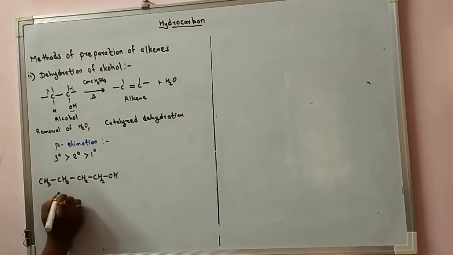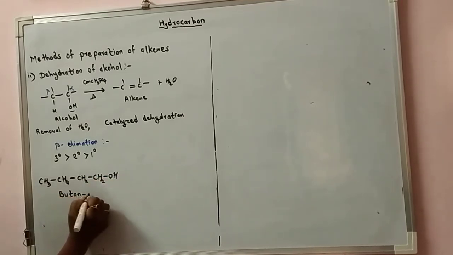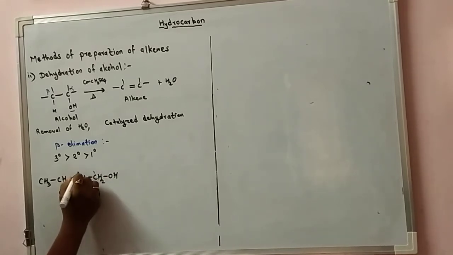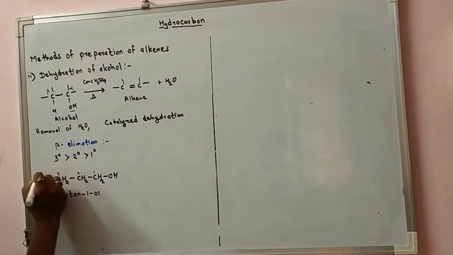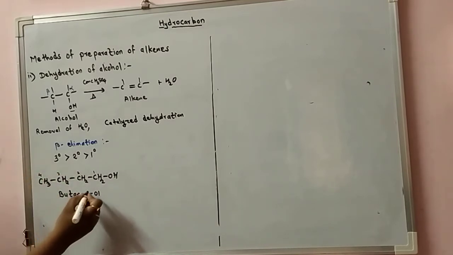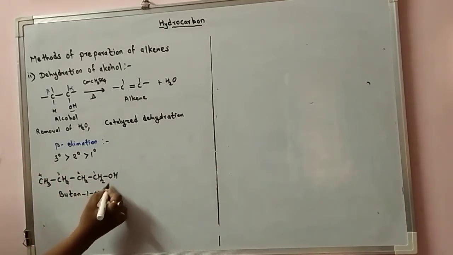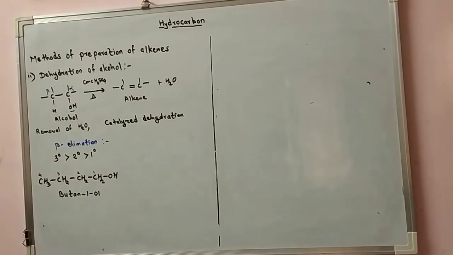So it is a primary alcohol, butane 1-ol, with carbon number 1, 2, 3, 4, four carbon atoms. Therefore butane 1-ol, OL is the suffix for alcohol. Now here the reaction conditions are concentrated sulfuric acid and 413 Kelvin temperature is required.